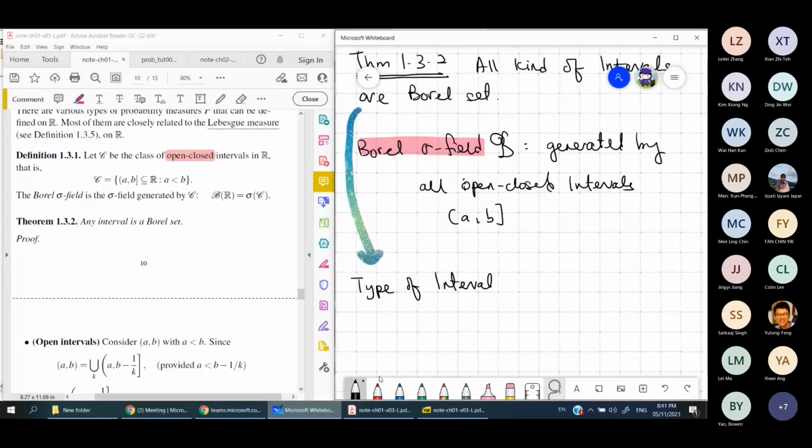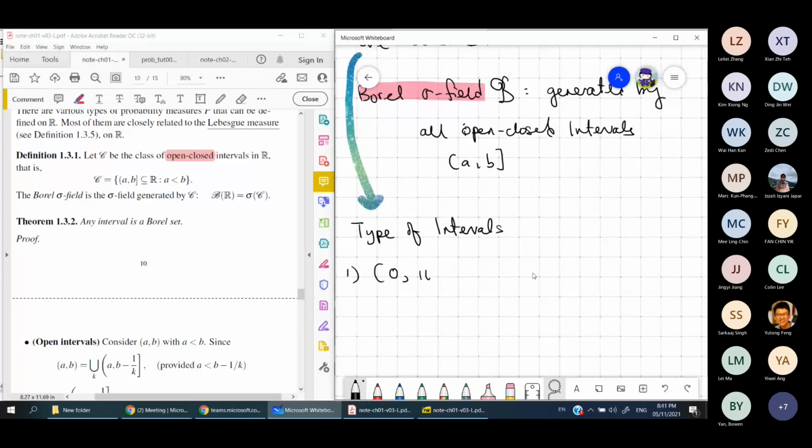First, it can be open-closed, and secondly, it can be open, that means we call it an open interval like this, and we can have a closed interval. We can also have a closed-open interval, and anything else.